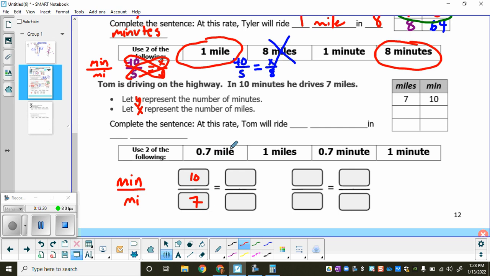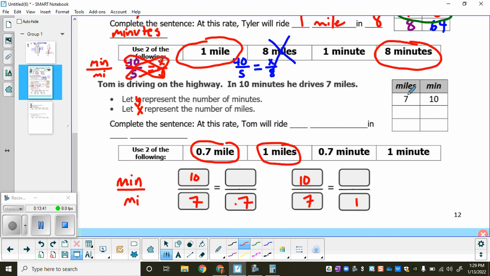So then what we want to know is, if I plug in a 0.7 for miles, I'm going to put in a 0.7 right here. And I'm going to solve. And I can also try by putting a 1. So let's do the same ratio. I got a 10 to 7. And I'm going to try out 1 mile and just kind of see which pair works.